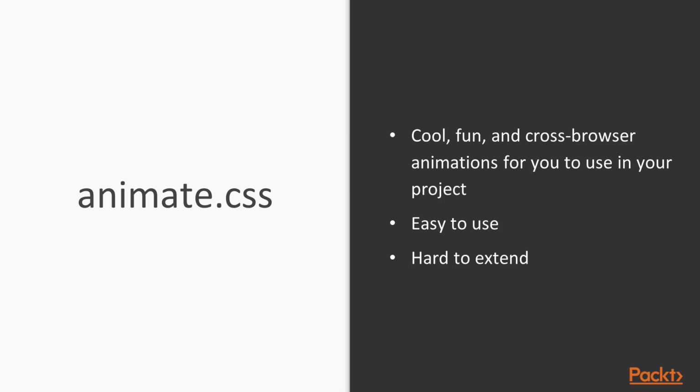However, because it's predefined, it's also hard to extend. If we want, for example, the animation to last twice as long as predefined, we will have to override all the animation from this library itself. But if we stick with the predefined classes, we're going to have some very handy animations in just some minutes.